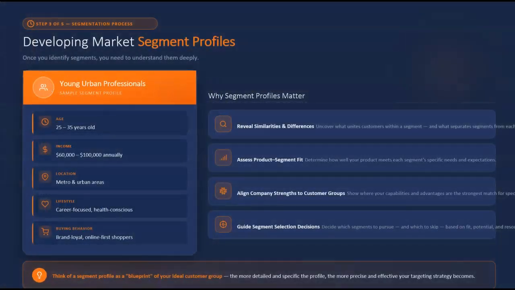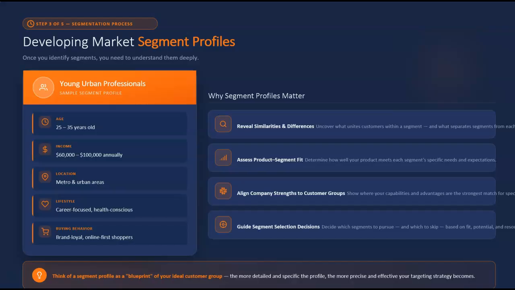Developing market segment profiles. Once you identify segments, you need to understand them deeply. This is an example of a segment profile: young urban professionals, 25 to 35 years old, 60 to 100K annually, metro and urban areas, career focused, health conscious, brand loyal, online-first shoppers. Why do segment profiles matter? They reveal similarities and differences, uncovering what unites customers within a segment and what separates segments from each other.